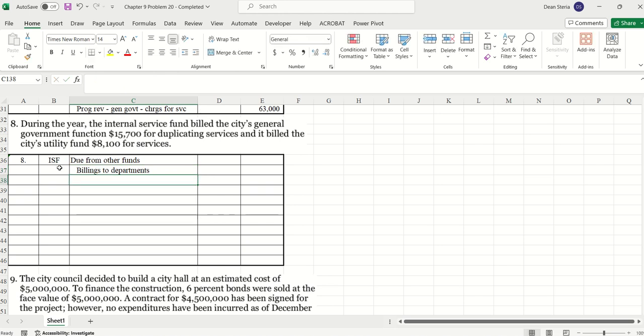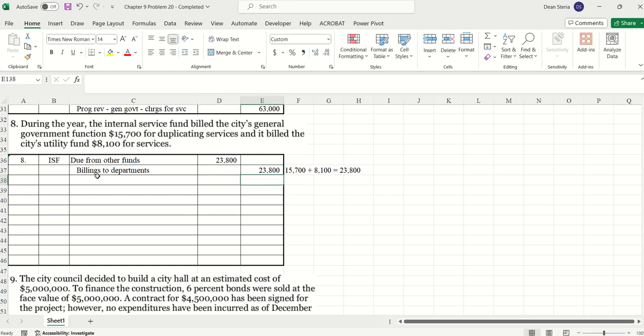Now, how much is that for? Well, we got the 15.7 and the 8,100. So if we take the 15,700 and add 8,100, we get the 23.8 that we will use right here and here.